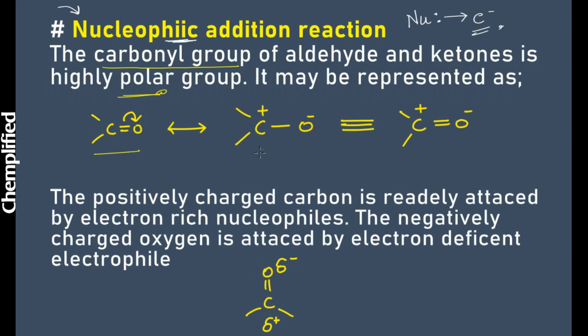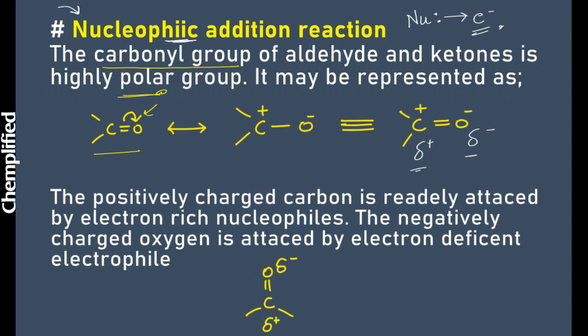Either the electrons on the double bond will get transferred to the oxygen like this, or there will be a slight negative charge on oxygen and slight positive charge on carbon due to inductive effect. Why? Because oxygen is more electronegative than the carbon atom.